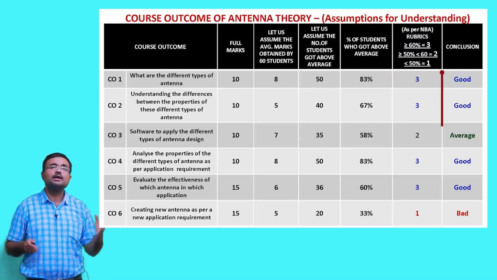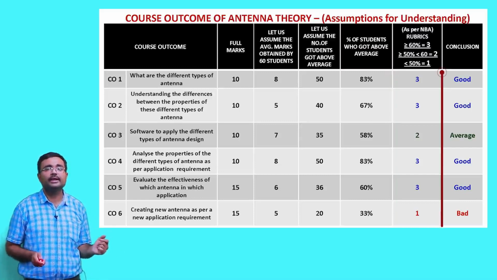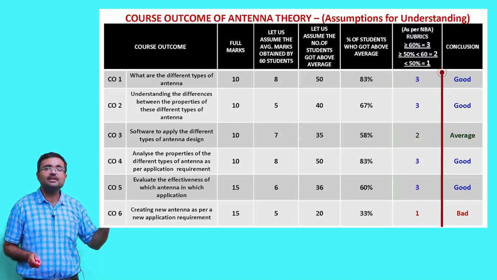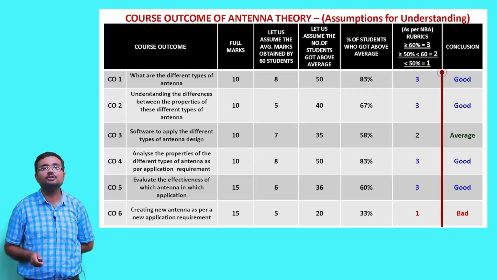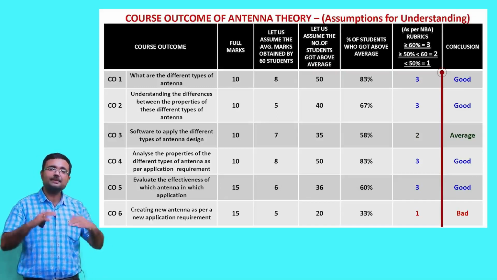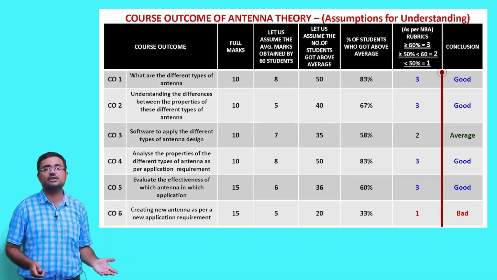Now, as per a rule, what we are doing? We are saying if this becomes greater than 60, then you give it a value 3. If it is between 50 to 60, give it a value of 2. If it is less than 50, give it a value of 1. Above 60% students got above average marks, which means more than 60% students are better than average.